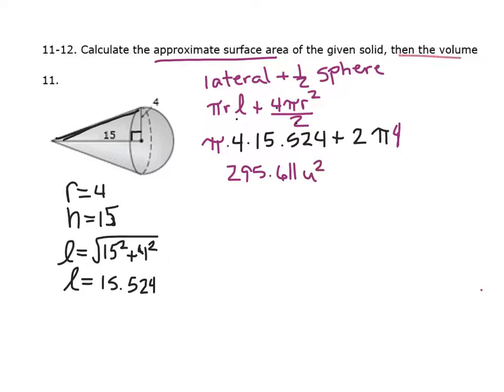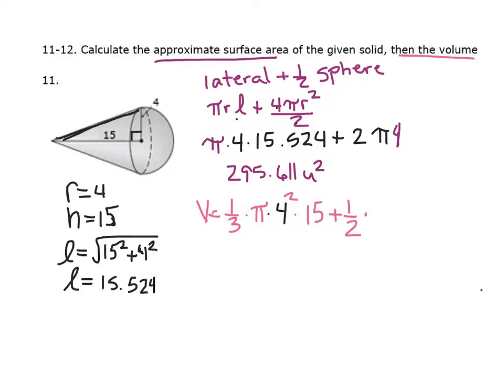Then we're also asked to calculate the volume. So here our volume, it's going to be volume of a cone plus volume of half of a sphere. So volume of a cone is going to be 1/3 times pi times our radius squared. And then we're also going to multiply that by the height of the cone. And then we're going to add half the volume of a sphere.